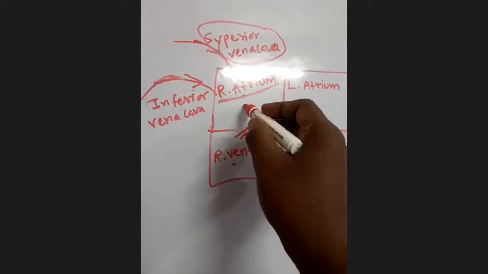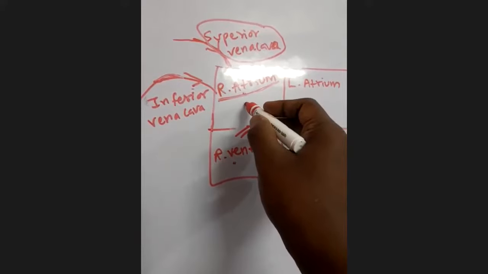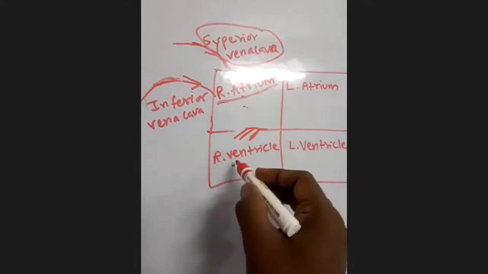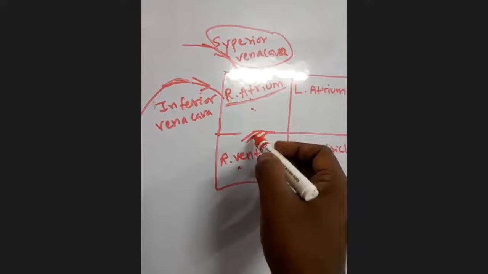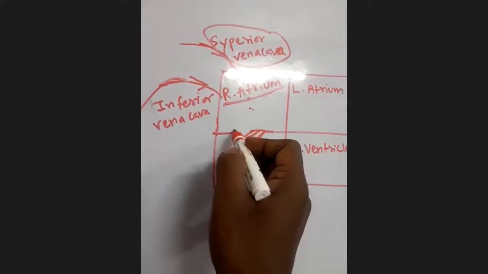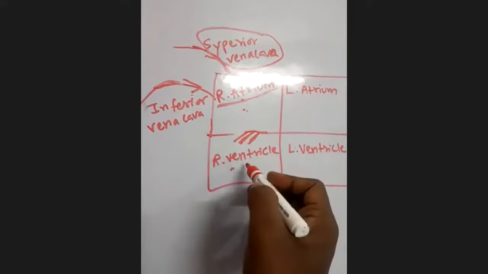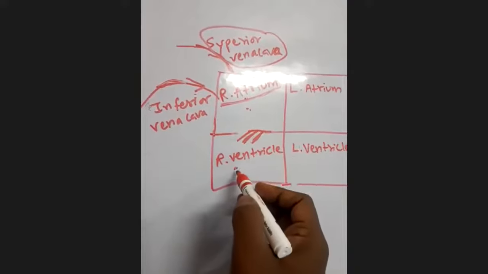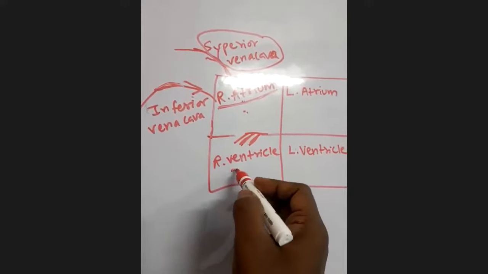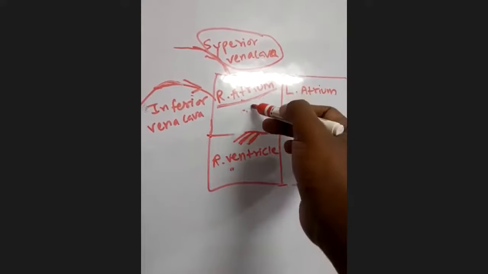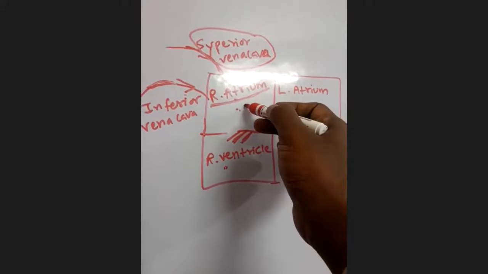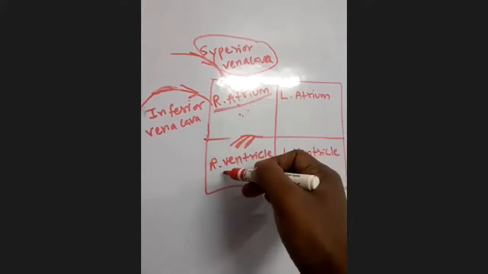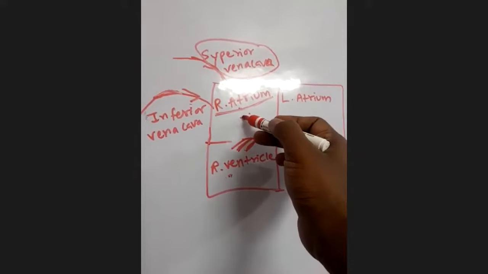Once the blood is filled into this right ventricle, these three flaps will be closed, so that the blood which is in the right ventricle will not go back into the right atrium, right?